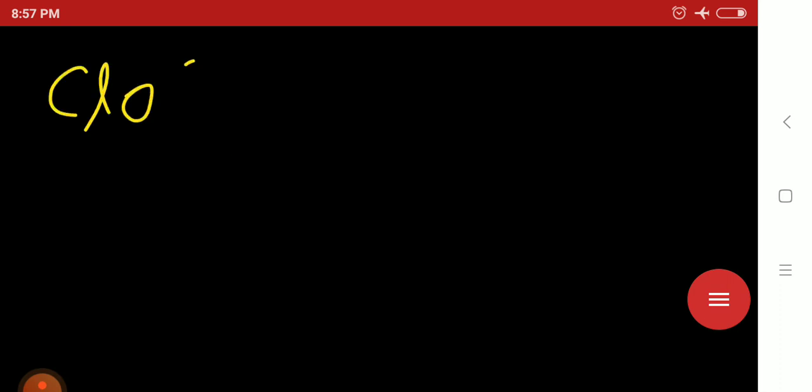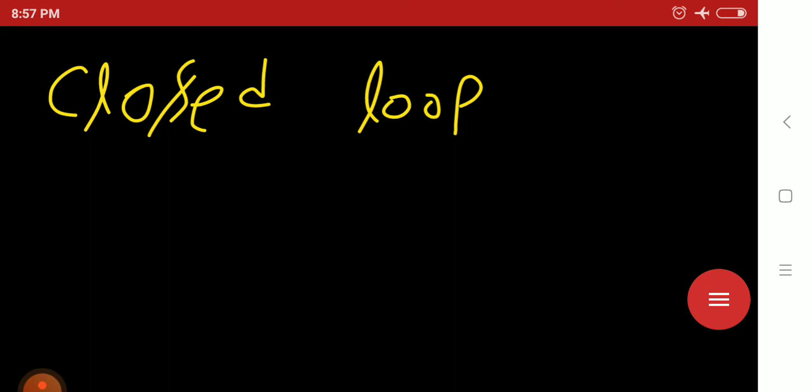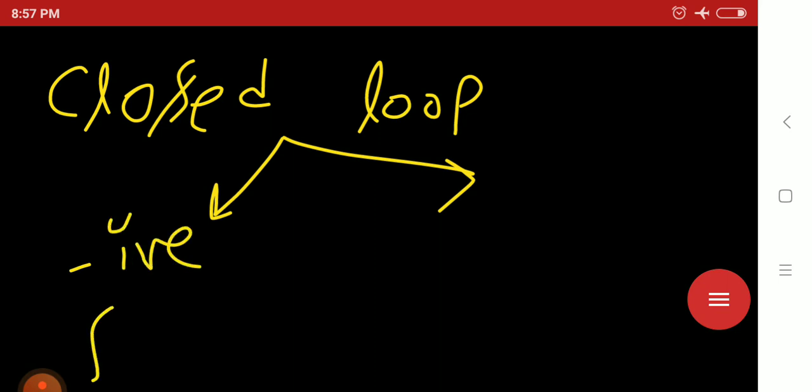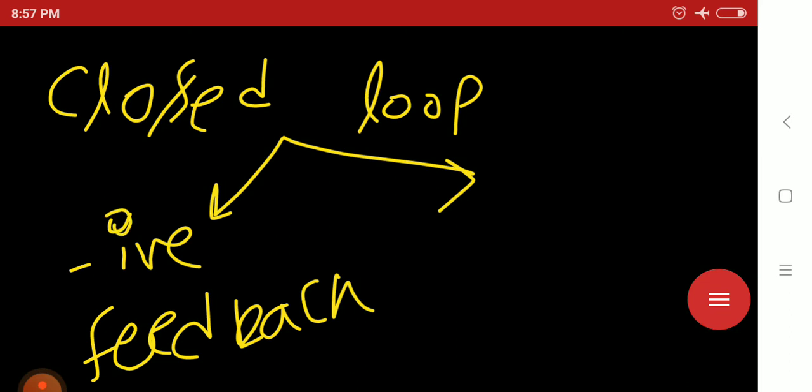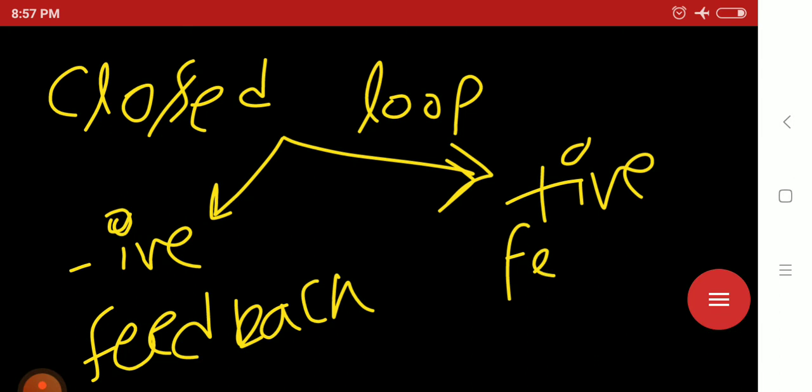And for closed loop op amp, there are two types: negative feedback op amp, and positive feedback op amp.